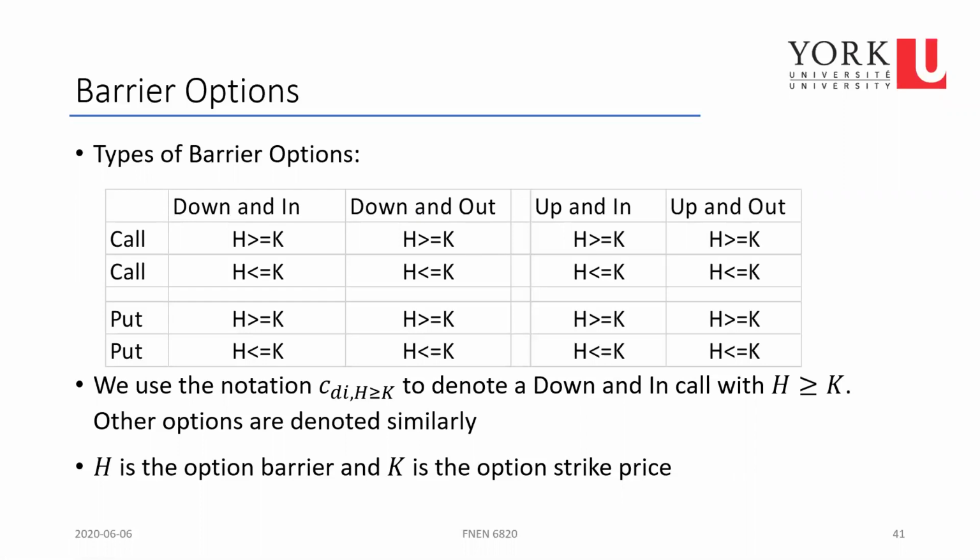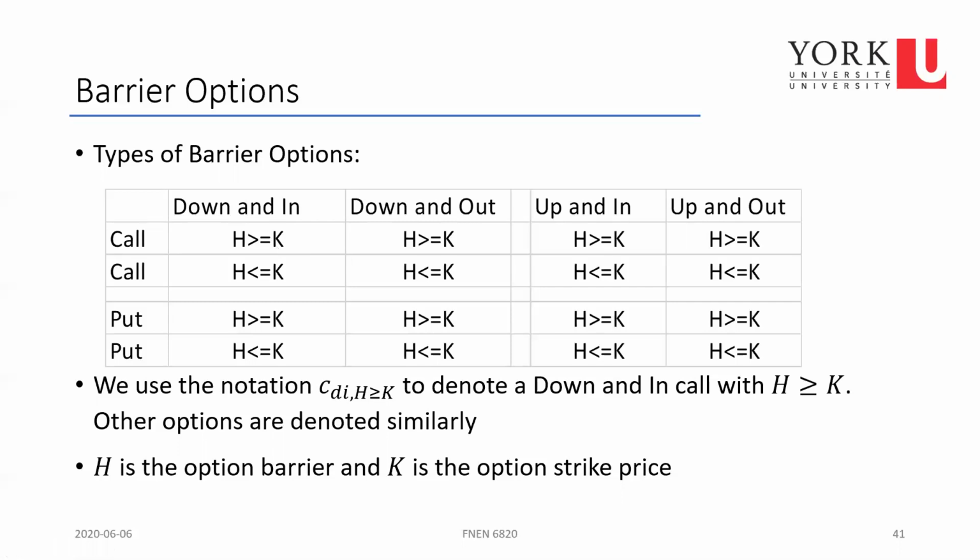value. And similarly, you have up and in and up and out. Now, for each of those conditions, you then also need to worry about whether the option barrier is greater than the strike price or not. So in this particular case, we have the option barrier greater than the strike price.